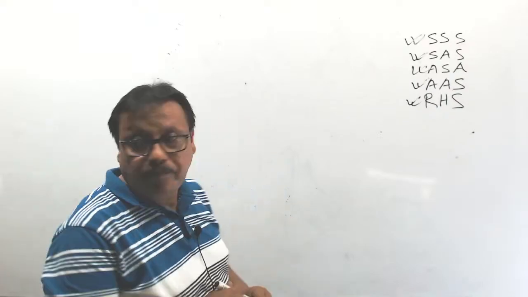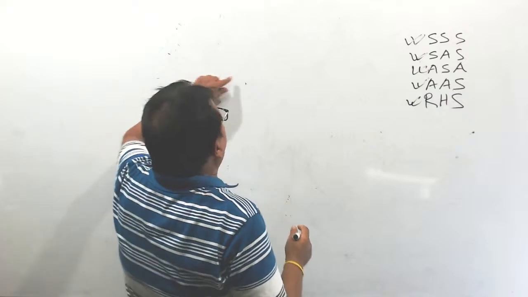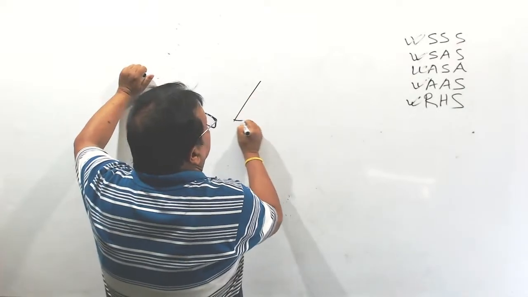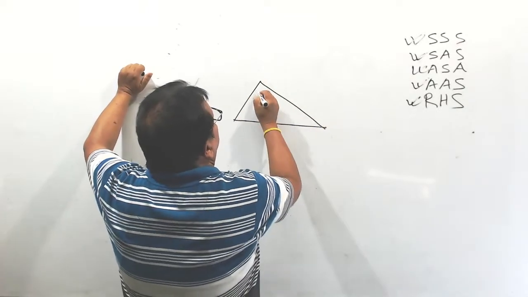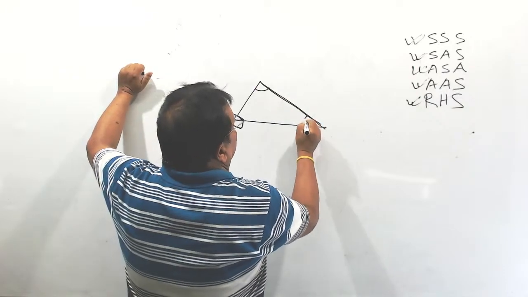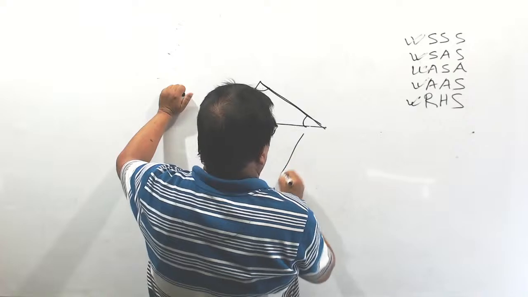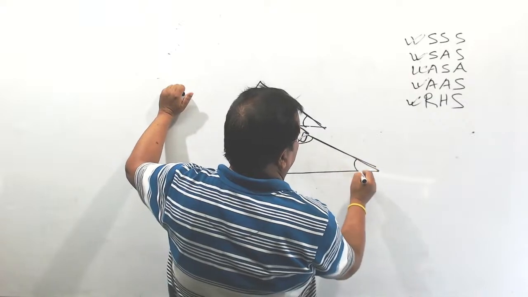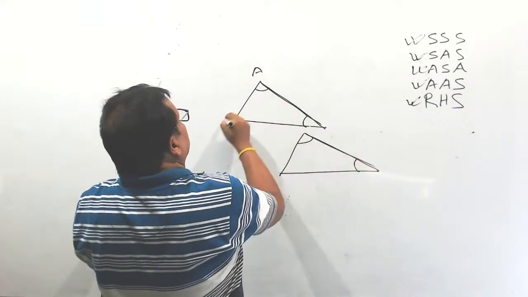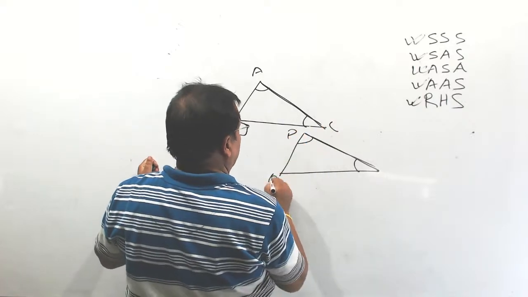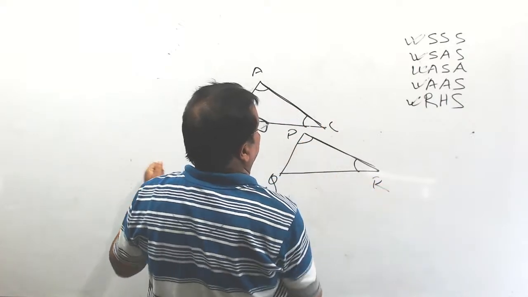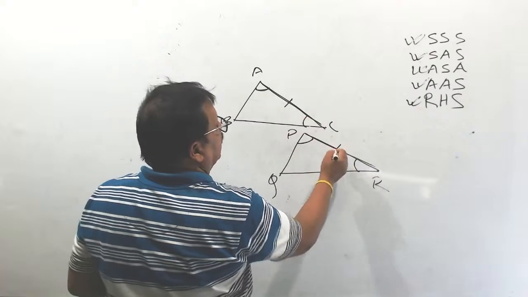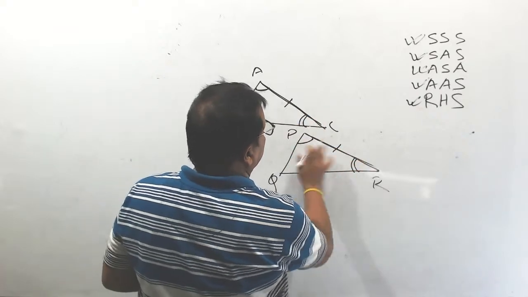One thing I want to tell you, for example, by using the ASA property for 2 triangles, ABC and PQR.